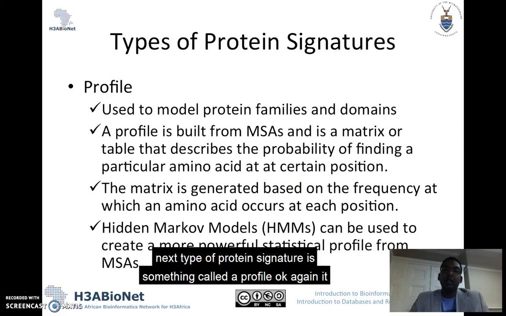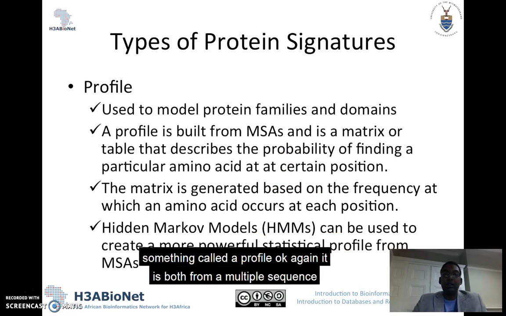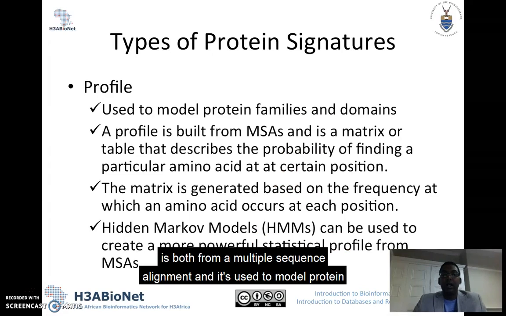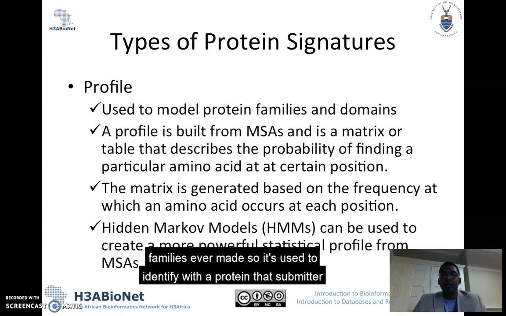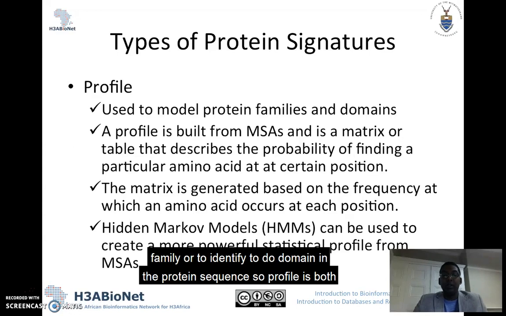The next type of protein signature is something called a profile. Okay, again, it is built from a multiple sequence alignment, and it's used to model protein families and domains. So it's used to identify whether proteins are similar to a family or to identify a particular domain in a protein sequence.